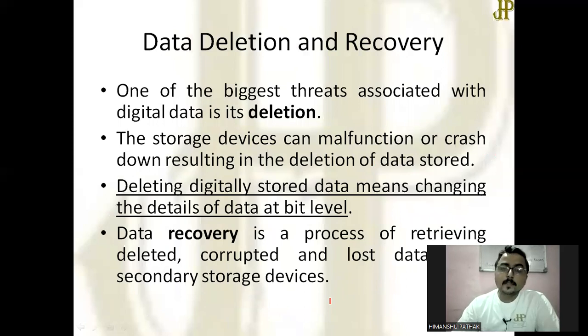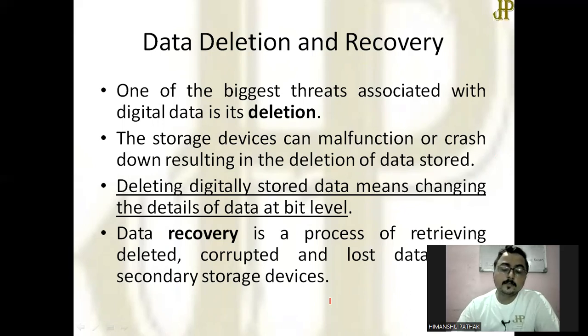Now, the next topic is data deletion and recovery. So, what is deletion? As the name suggests, the biggest threat associated with digital data is its deletion. That deletion can be done by you for some specific purpose, like you have to free some memory storage, or sometimes storage devices can malfunction or crash so that your data can be lost.